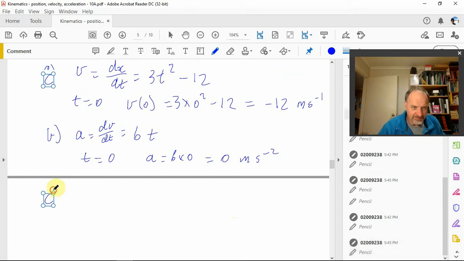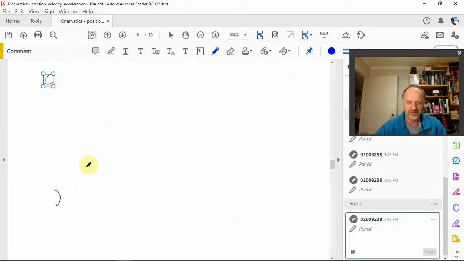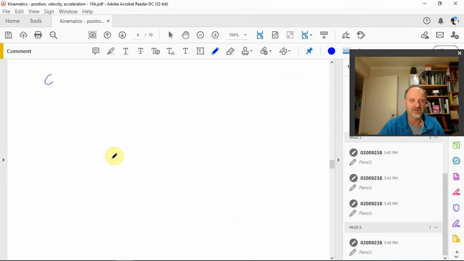So C here, velocity equals 0, and of course the velocity is 3t squared minus 12, isn't it, the velocity in terms of time?